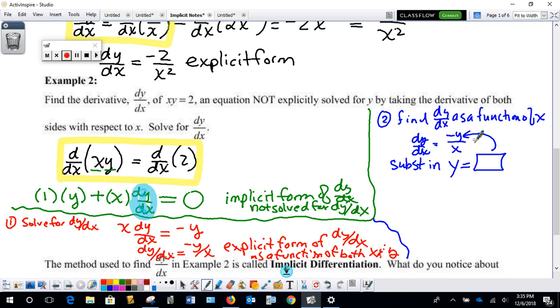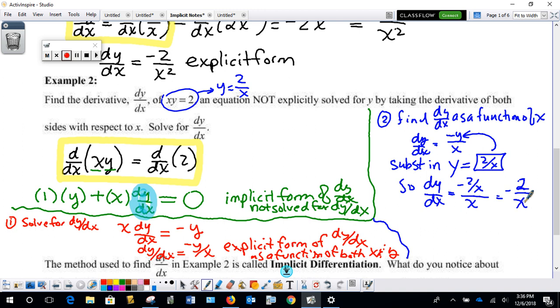Now in this problem, if xy equals 2 from over here, then y equals 2 over x. So we would put 2 over x. So my dy dx is equal to negative 2 over x, which simplifies to negative 2 over x squared.